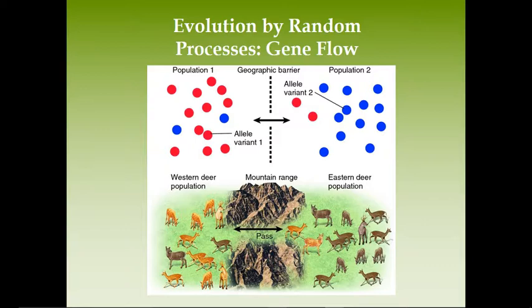In this example, 2 red dots, which are deer, you can compare that to deer in the bottom part, move from population 1 to population 2 through some form of transportation, whatever that be. As they were 2 different species, when the 2 red dots mated with the rest of the blue dots, they changed the genetic composition of population 1 and 2.